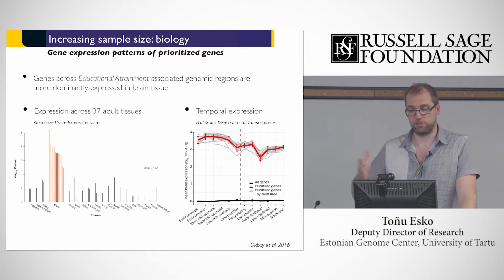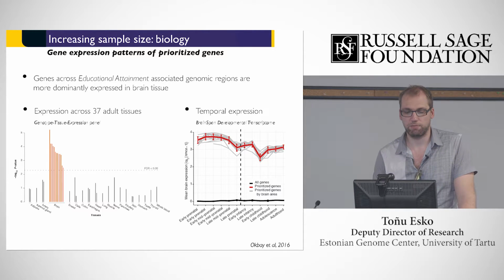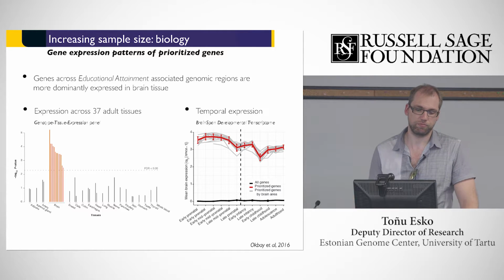We took all those 79 regions in the genome and then took all the genes within those regions and ran those gene expression based methods. And on the left, we just estimated in which tissues the genes that fall within our loci are more expressed than one would observe by chance.